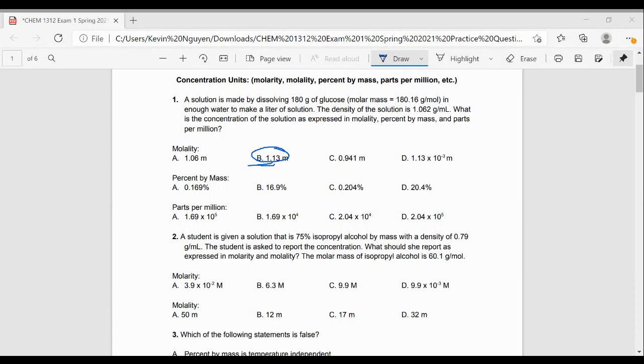That math gives us 50 molality, which should be answer A for the second part. Did anyone have any questions over how to get the molality?